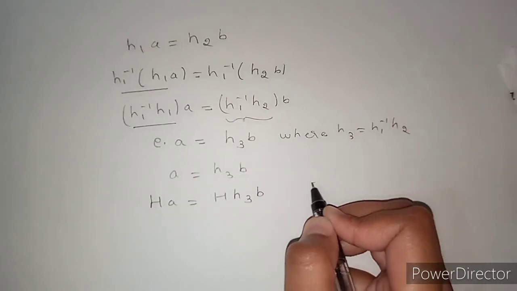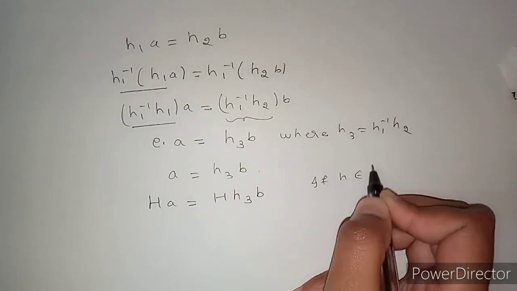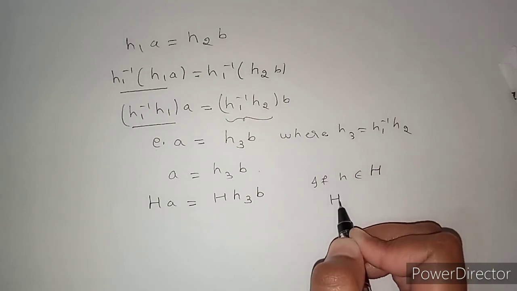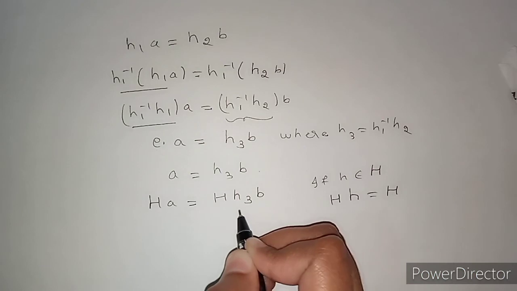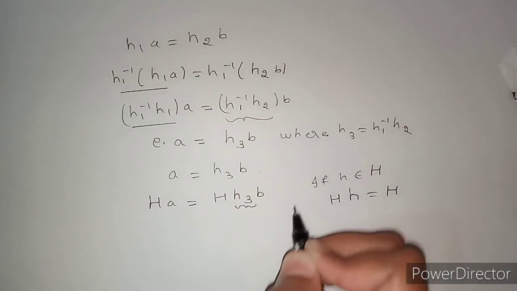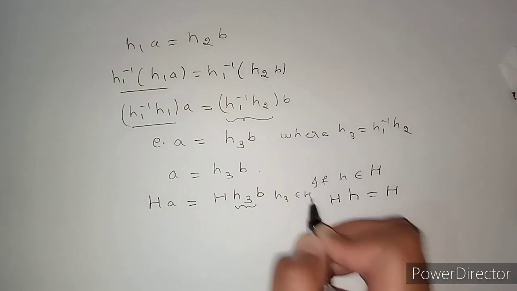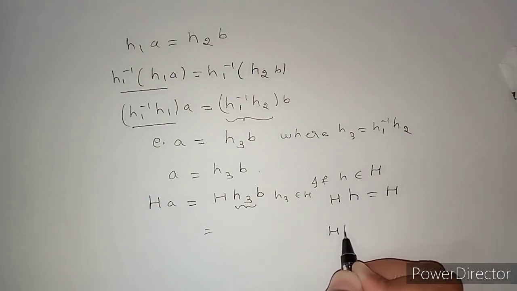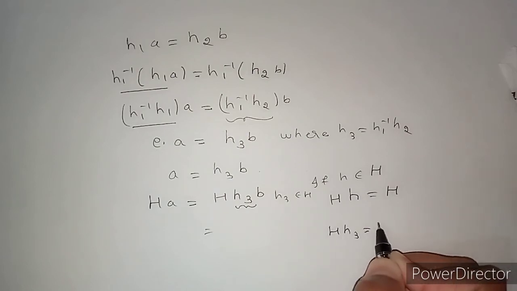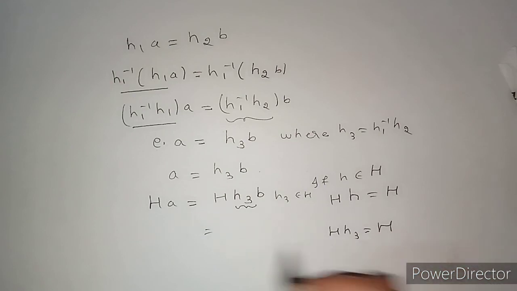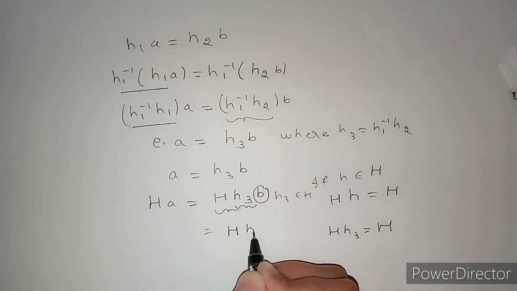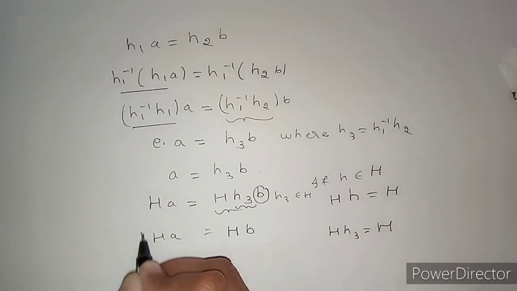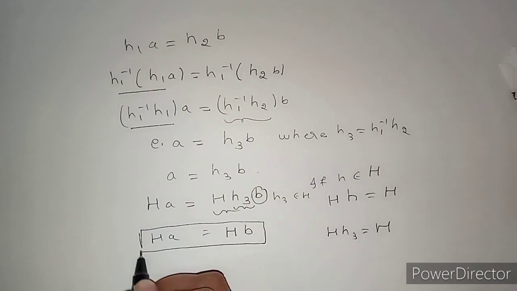In the previous video, I have told that if h belongs to subgroup H, then H into h is equal to subgroup H. Likewise, here h3 is belonging to H, then H into h3 is equal to subgroup H, right? So, H into h3 is equal to subgroup H into b, b as it is. Ha is equal to Hb.